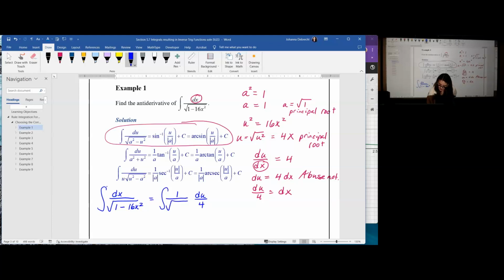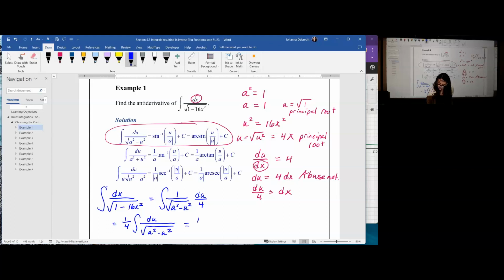And inside of the radical, you can replace the 1 with a squared, and you can replace the 16x squared with u squared. Now it looks almost identical to the formula, except it has the factor of 1/4. That can be pulled out of the integral to the front until it matches exactly. Make sure that you have substituted out the original differential dx in terms of du.